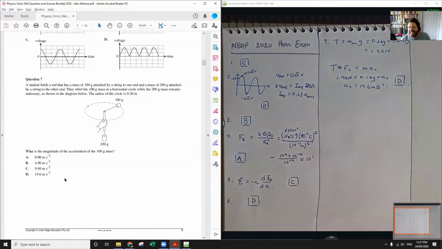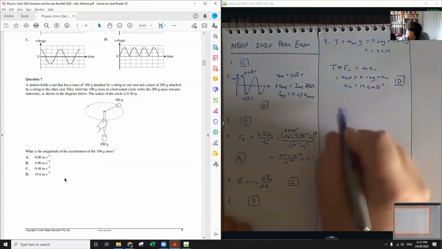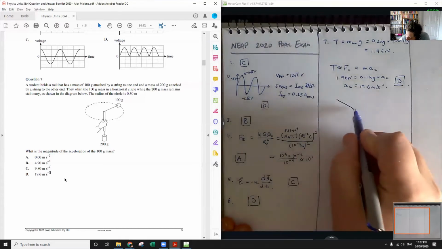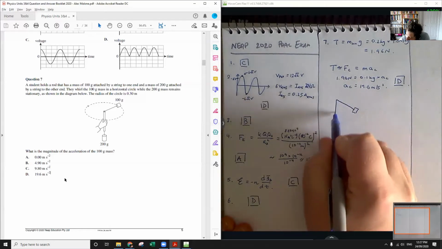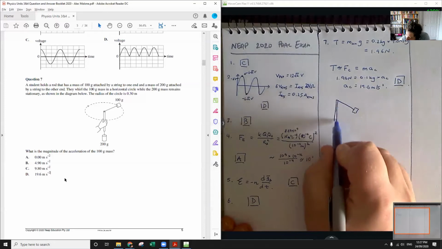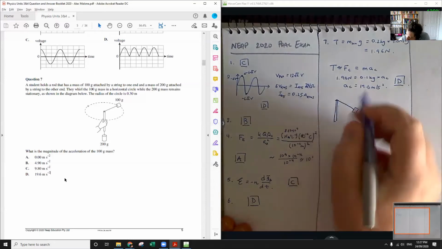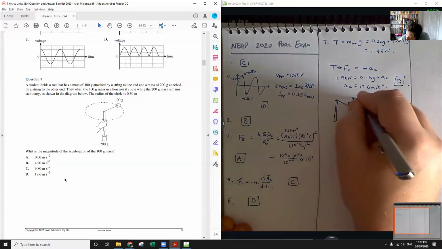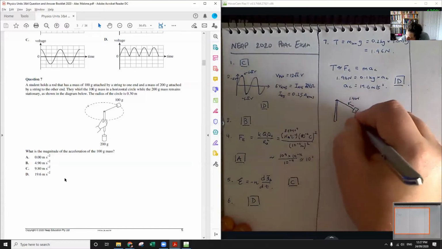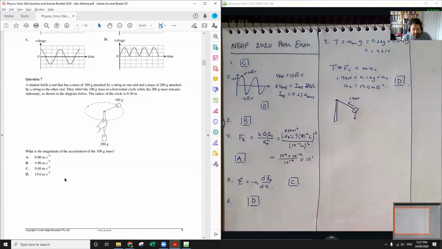Now, technically speaking, if we treated this 100-gram bob as being down on a little bit of an angle from the pole, then what we would have is 1.96 newtons acting this way and 9.8 times 100 grams, 0.98 newtons, acting that way.